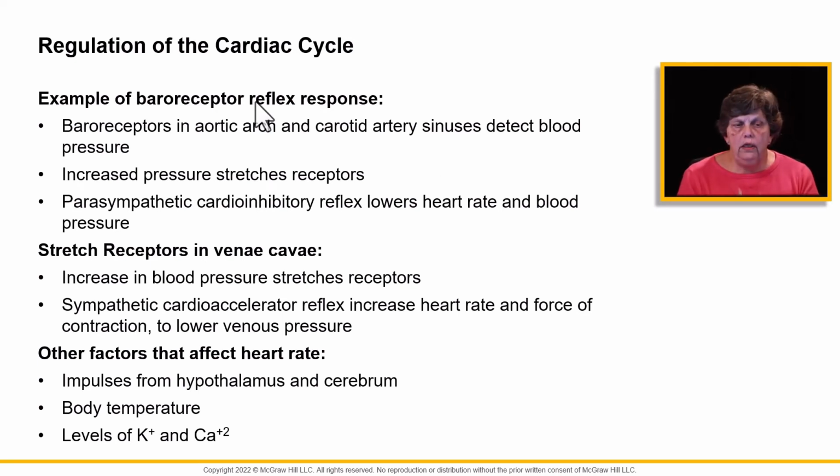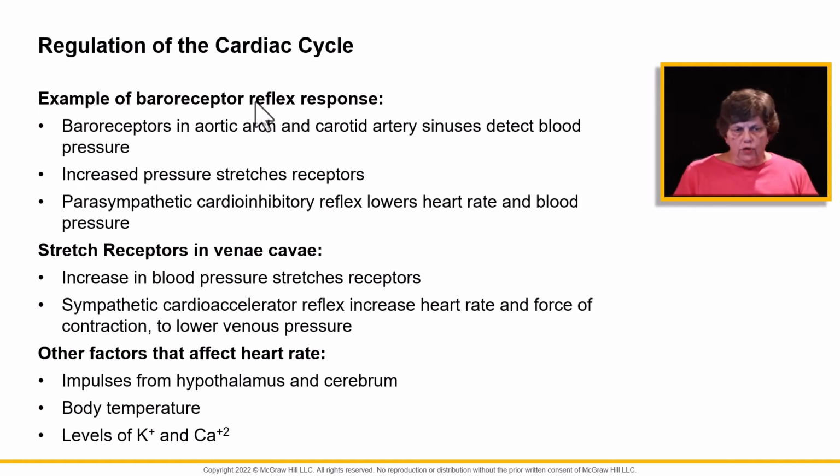Where are we looking? We're looking in the aortic arch and the carotids. They're detecting the blood pressure in the carotid arteries and in your aortic arch. All right? So if this pressure gets too high, if these pressure sensors are being hit upon, it will lower the heart rate and lower the blood pressure.